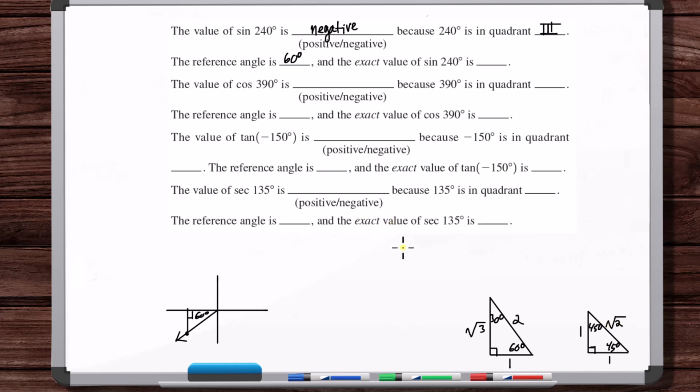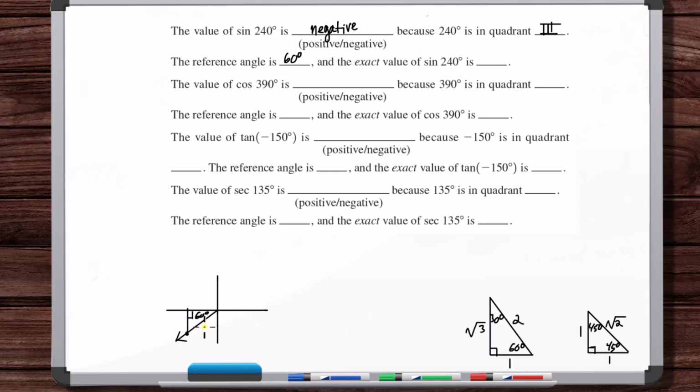Okay, so sine of 240. How do we do this? Well, we talked about in chapter 1 that we don't even need to know the reference angle. We just come to the angle of the right triangle that has the vertex at the origin, and we do SOHCAHTOA on this right triangle, but make sure you honor the potential negative signs of the side lengths. This is a 30, 60, 90 triangle.